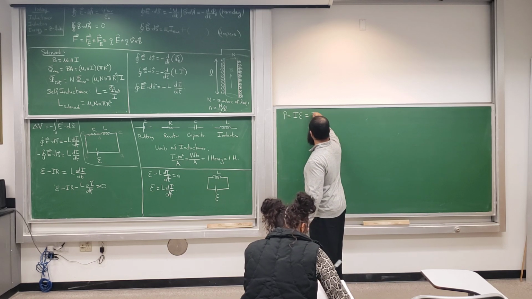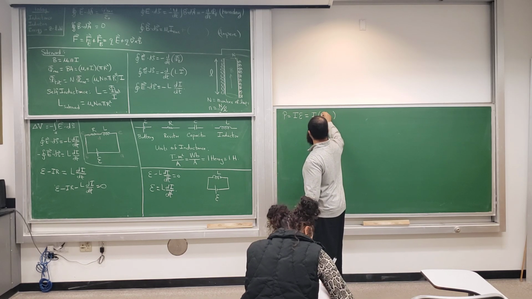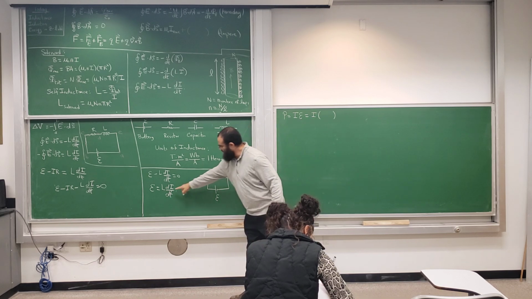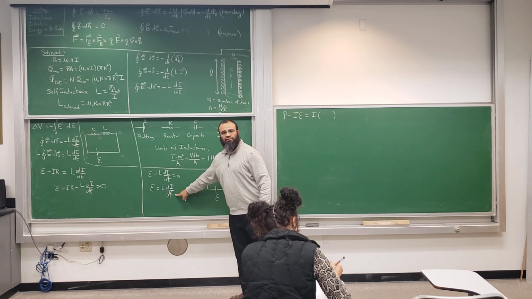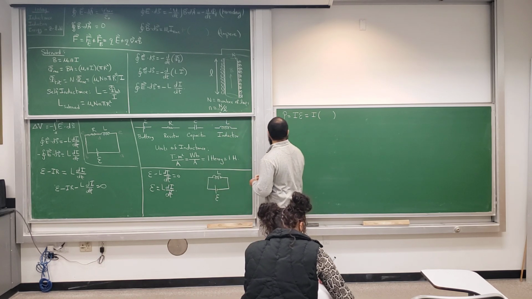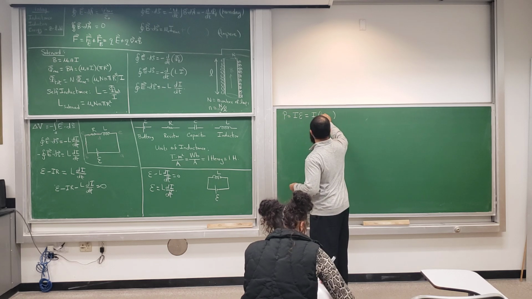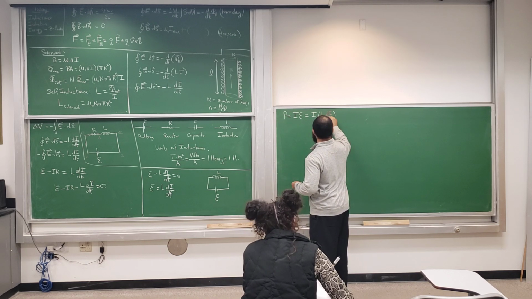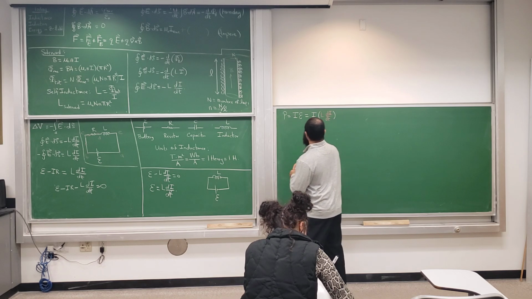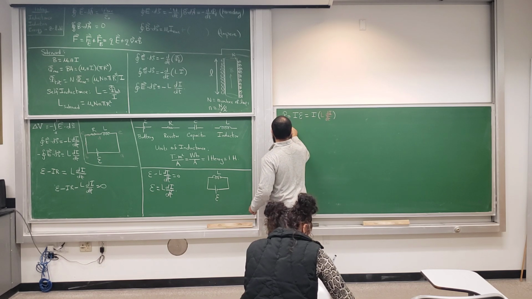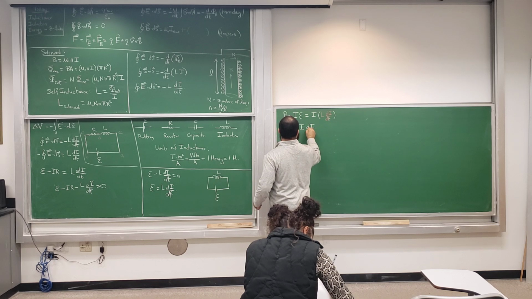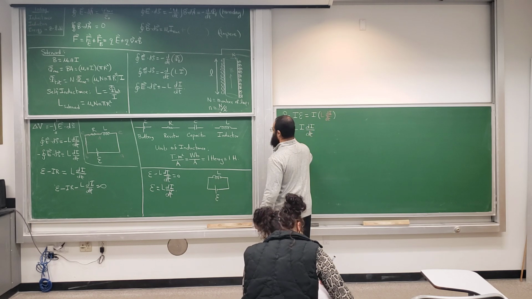This is I, but this is L dI/dt. E is L dI/dt. Therefore, power is L I dI/dt.